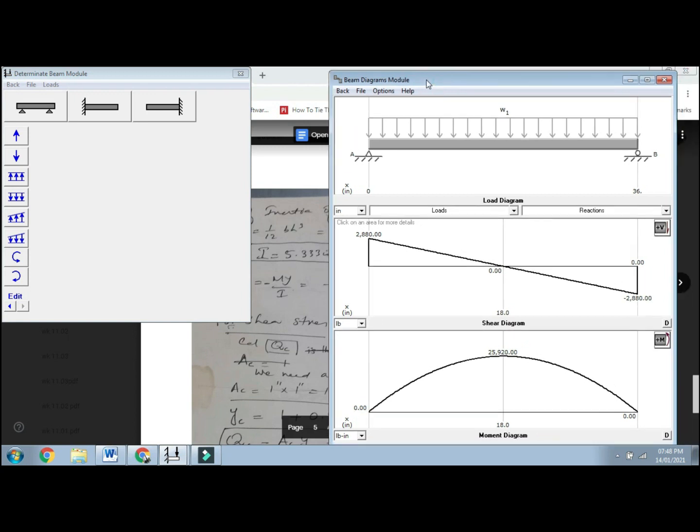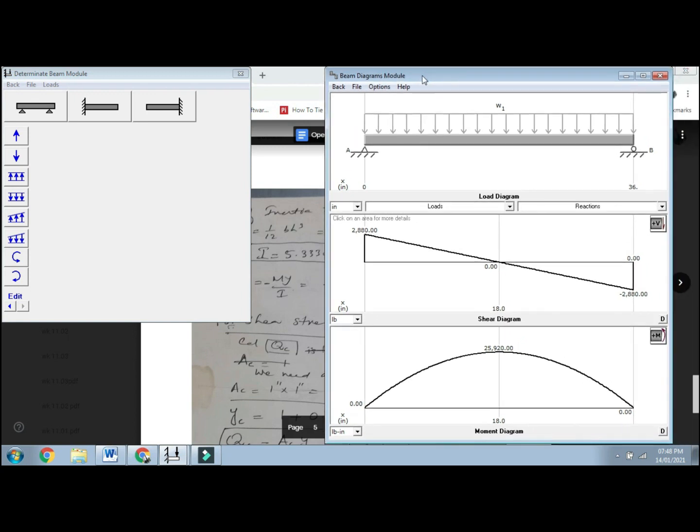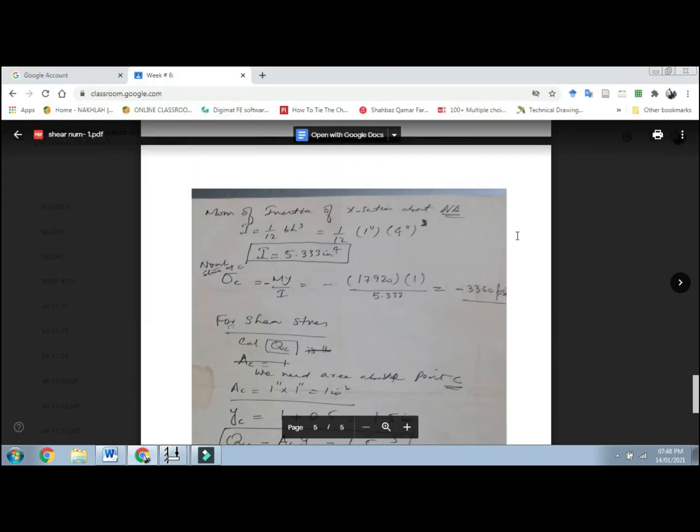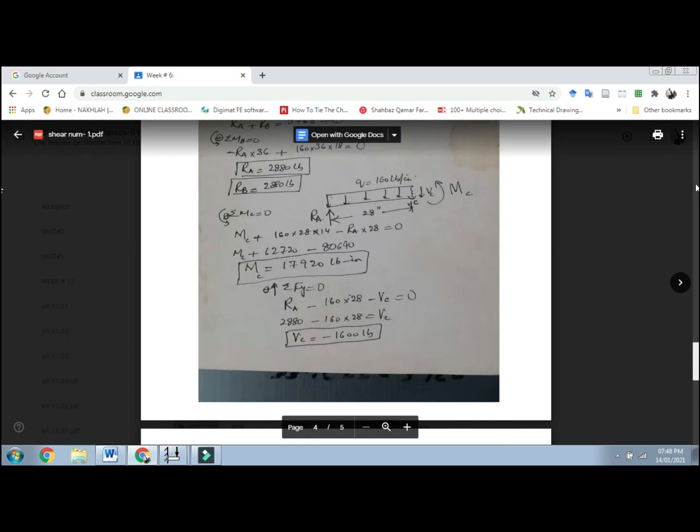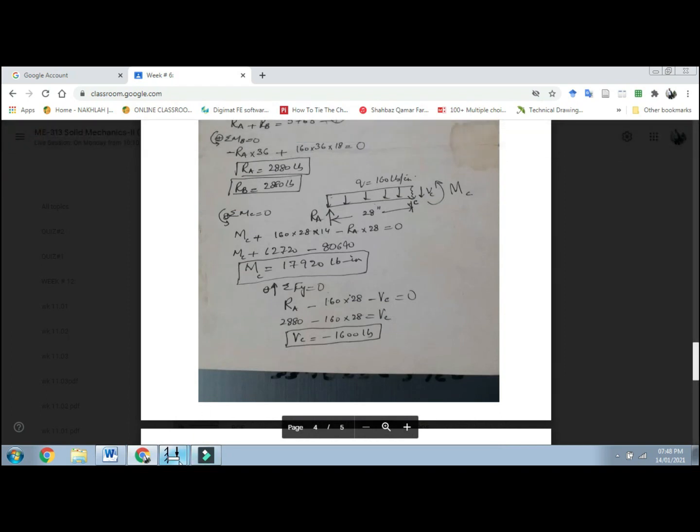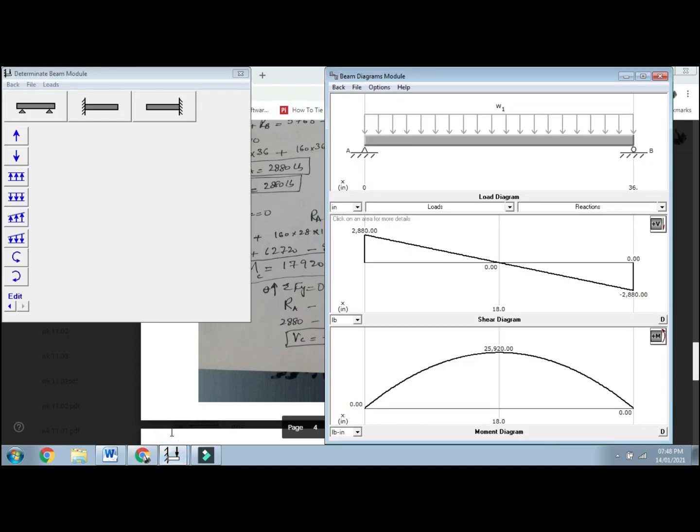If you look carefully, this is our model. W1 is 160, with a pin support over here and a roller support over here. What were our reactions? Are we doing it right? RA is 2 at 0 pounds, RB is 2 at 0 pounds. Let's go and see the beam diagram.